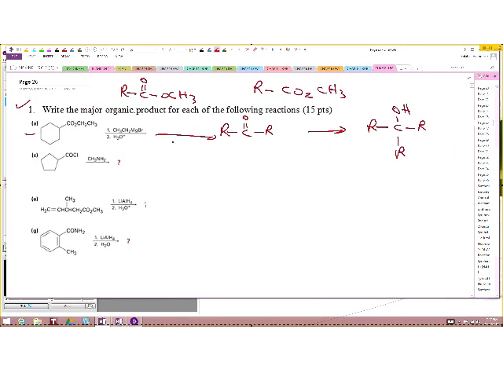So from here to here, this is your nucleophilic acyl substitution reaction. And here, going from the ketone to here, remember the mechanism for that is nucleophilic addition reaction.